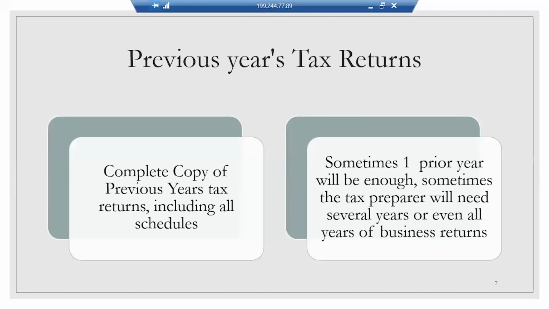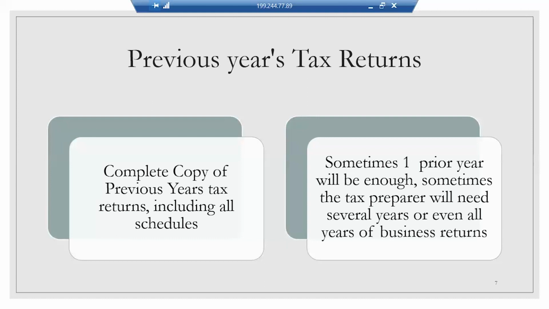Okay, so the next thing after I know your tax structure is I am more than likely, or any preparer for that matter, probably going to ask you if there are previous business tax returns. I need to see those. Sometimes one previous year will be enough, and sometimes I'll ask for several previous years.